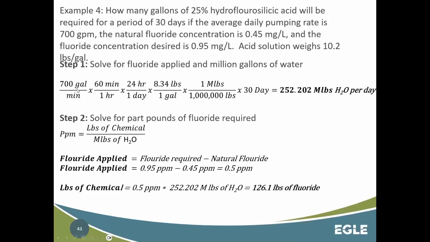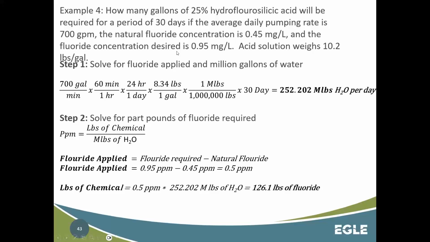So our gallons will cancel out. And then the 1 million pounds conversion factor. And then we multiply that by 30 days to come up with our 1,000,000 pounds of water per day, which is 252. So we have a volume of water that's been converted to 1,000,000 pounds. So that's the denominator of our formula.